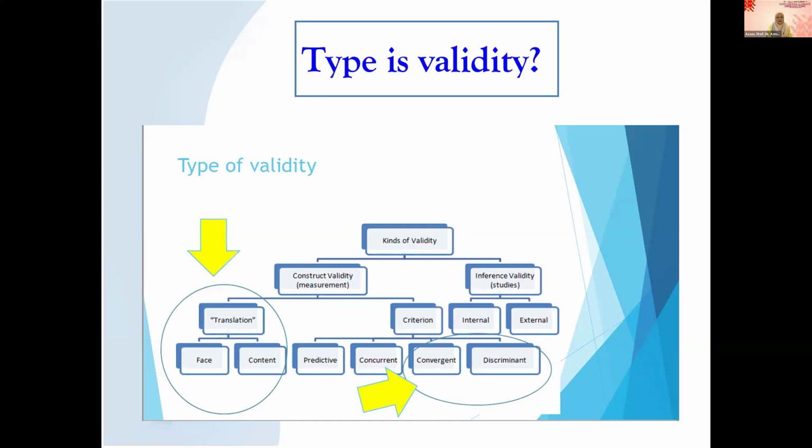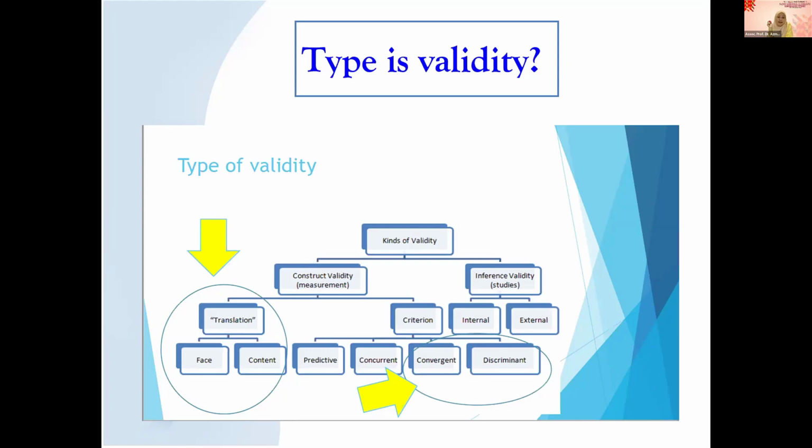After that, we will do construct validity. Under construct validity, besides the translation, there is criterion validity. Criterion means that you already have a questionnaire and you compare it with the gold standard questionnaire. For example, the gold standard to measure knowledge is questionnaire A, and you develop a new one with a little bit of change. So you can compare with the gold standard.